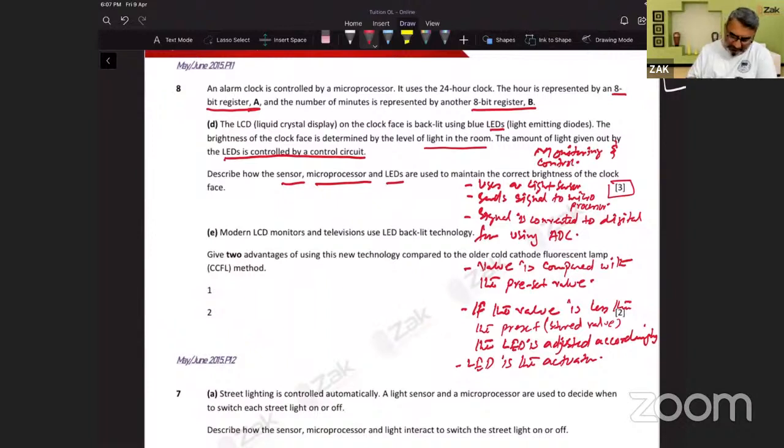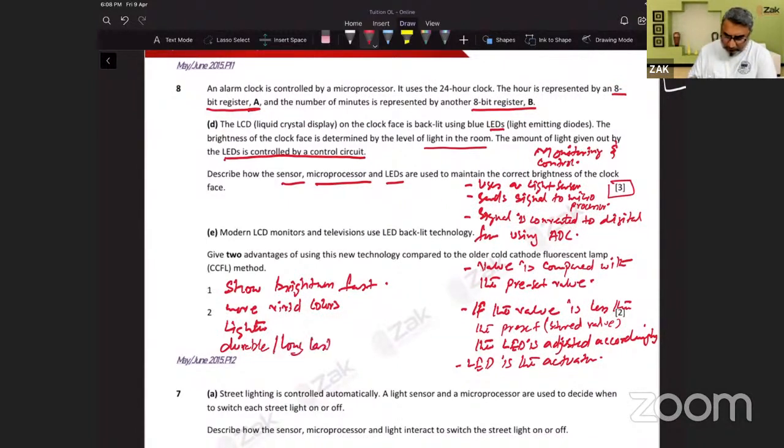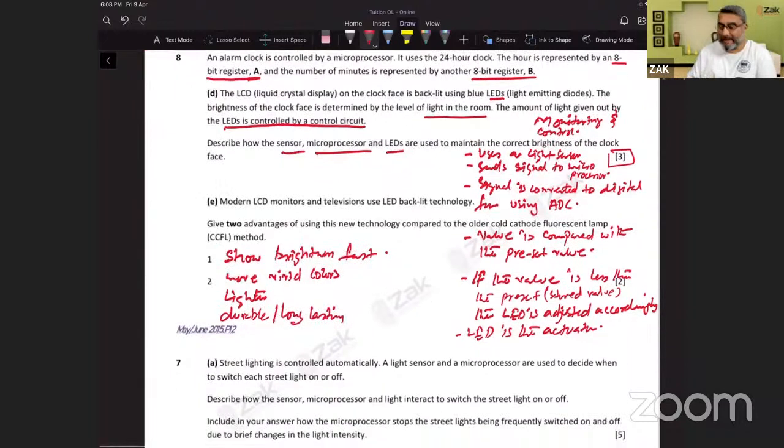All right, so: shows brightness fast, more vivid colors in LED, lighter, durable as in long lasting, and consumes less power.